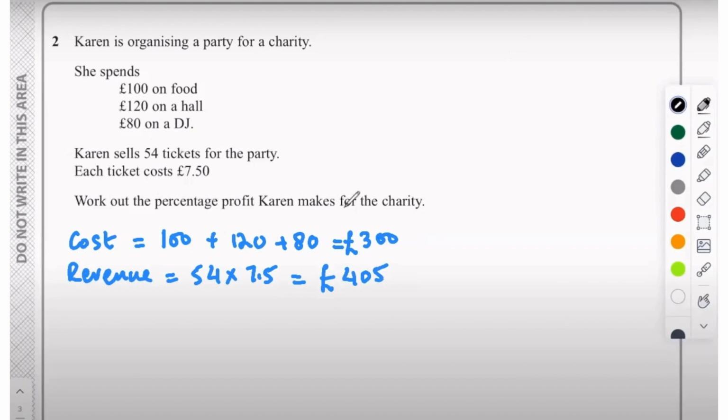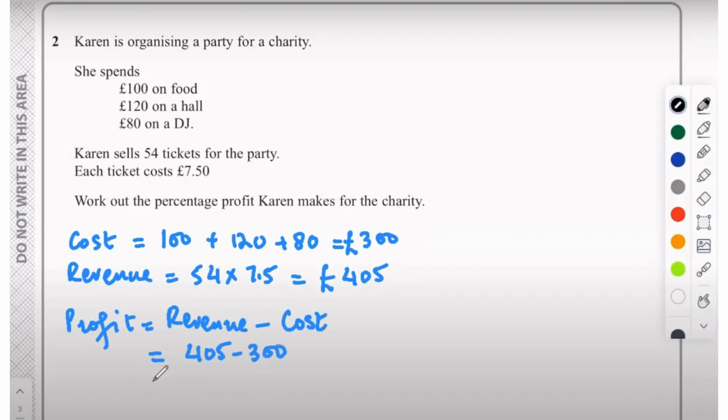Now we have to find the percentage profit. So first, let's find the profit. Profit is going to be revenue minus cost. So that's going to be 405 minus 300, and that's 105 pounds.